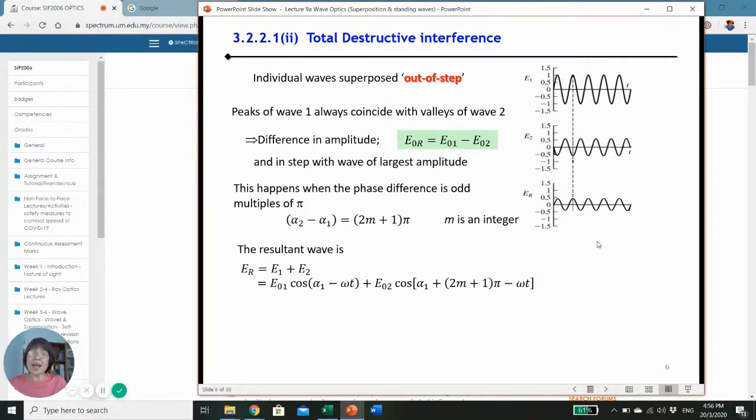And when does this happen? It is when the difference in phase between the two waves is an odd multiple of pi. We can write that as 2m plus 1 pi over here.